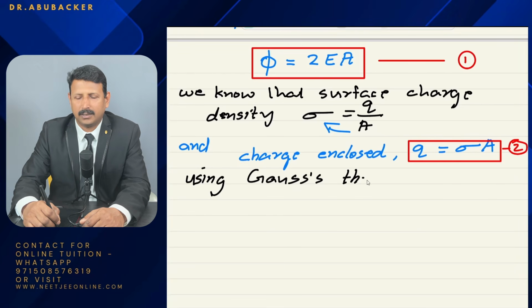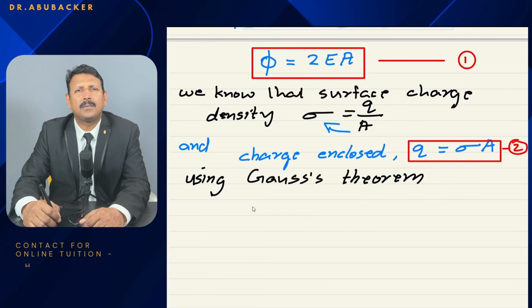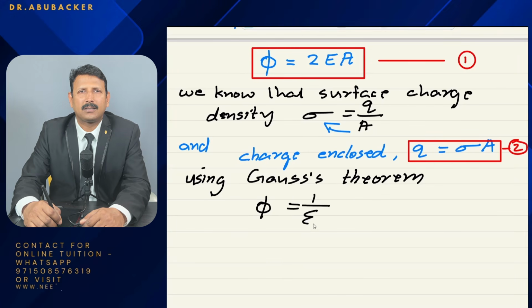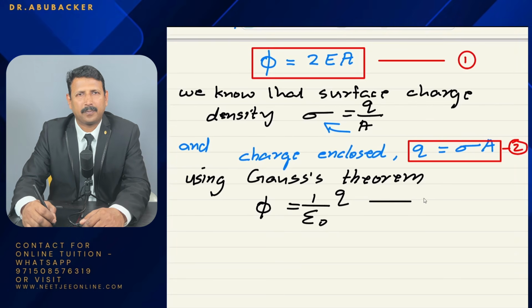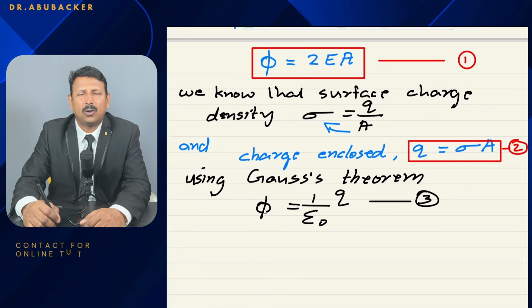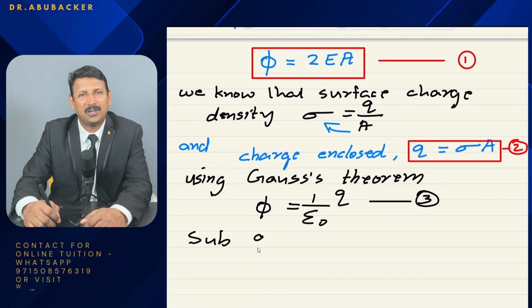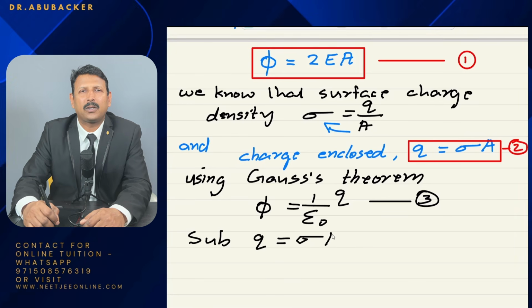So what is the purpose of Gauss's theorem? Gauss's theorem is used to find the flux. Using Gauss's theorem, flux is equal to 1 by epsilon 0 times Q. The net charge enclosed times 1 by epsilon 0 gives the total electric flux.